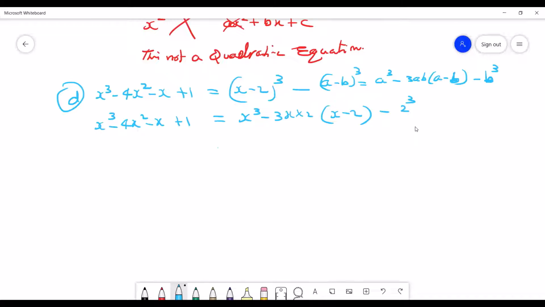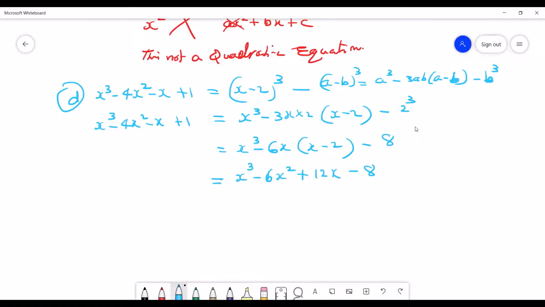So this will be equal to x cube minus 3 into 2 means 6x into x minus 2 minus 8, as 2 cube means 8. X cube minus, multiply with the 6x and this bracket, then this will be 6x square, then minus into minus will be plus 12x we will get, then minus 8.